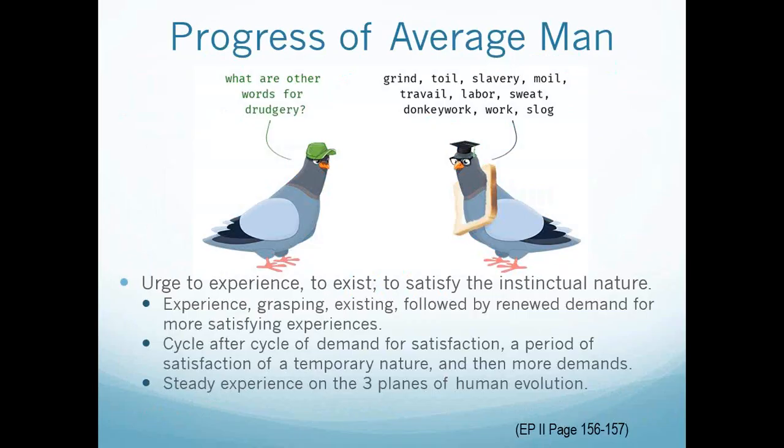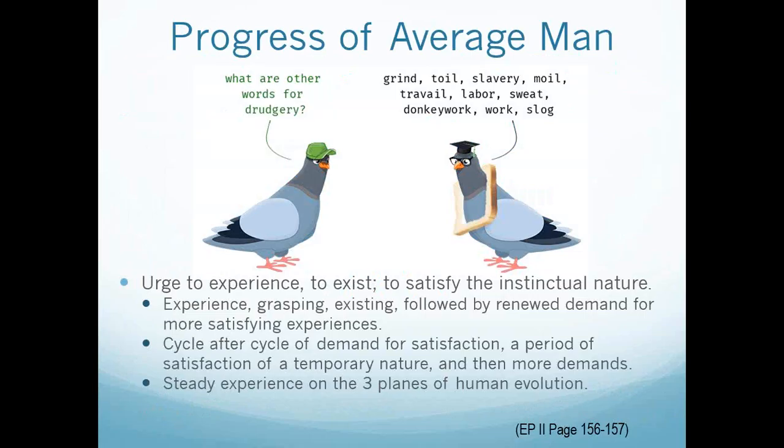Eva told you about the difference between exoteric and esoteric astrology, between the average person and the soul-centered person. For the average person, we have the basic urge to experience, to exist, to satisfy the instinctual nature.